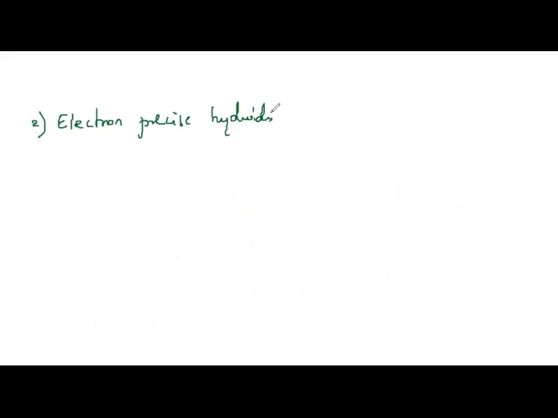Elements of group 14 especially form these types of molecular hydrides. A special example is your CH4. This is a molecular or covalent hydride which is precise, having the correct number of electrons.